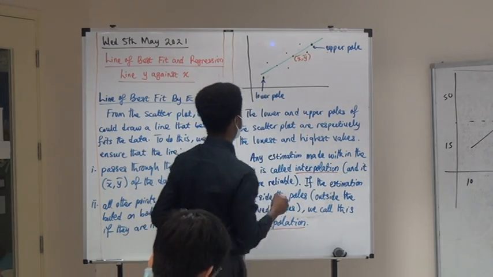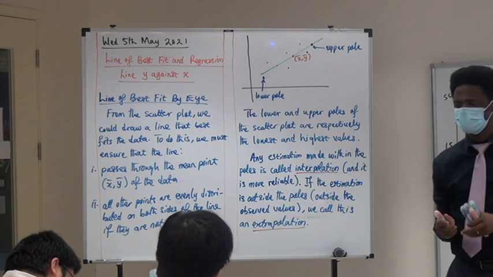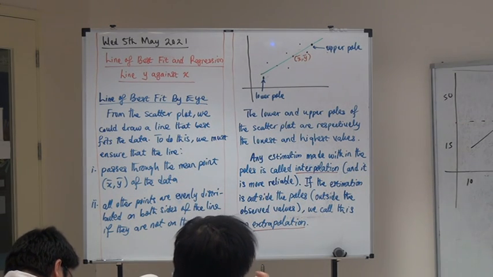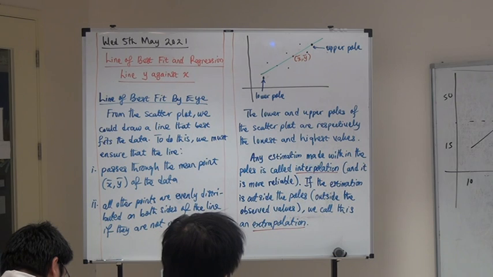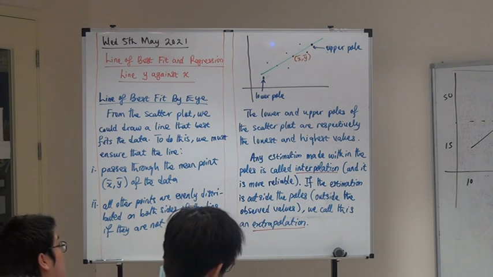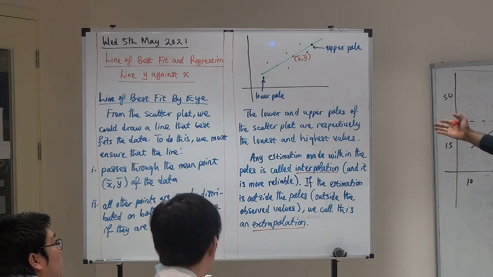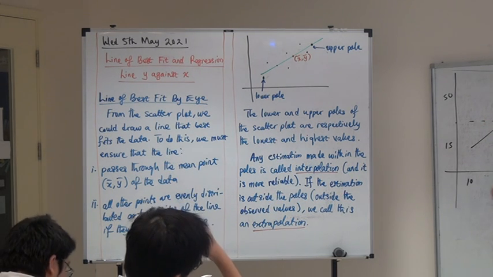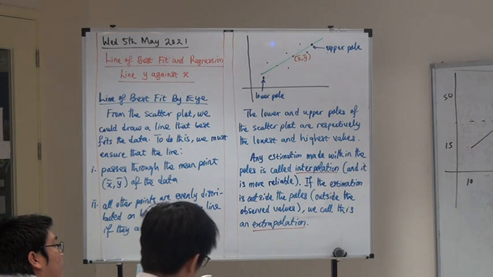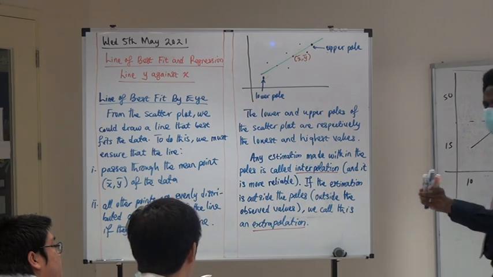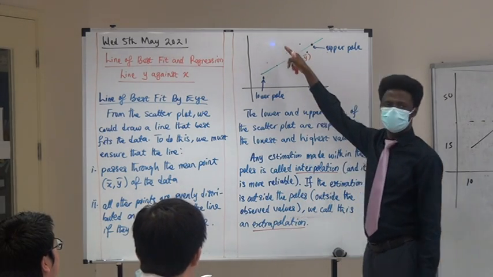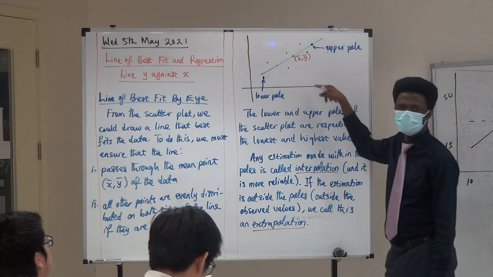Yes, sir. What if it's a negative correlation? Yes, because by definition, we're talking about the x value, so it doesn't matter where the y value is. This question is, what if it's a negative correlation, which means it's going to come this way?